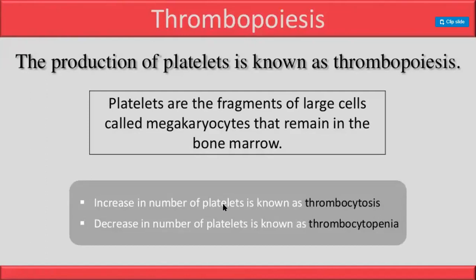So that is thrombocytosis, and to be honest with you, that is dangerous because it means that there will be excessive blood clots. Your blood will just clot on its own.